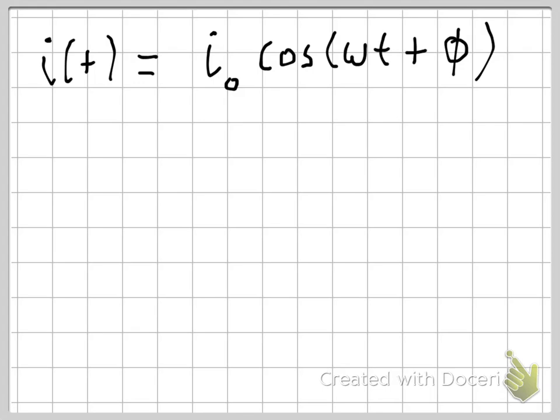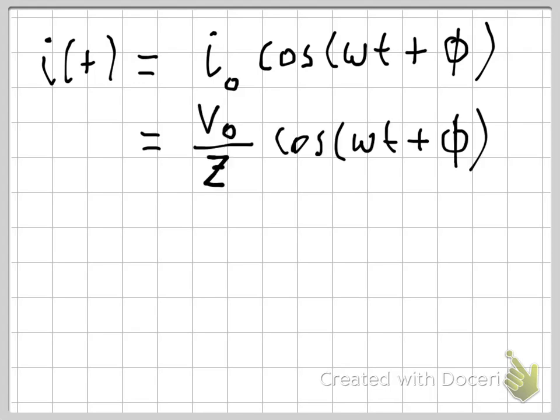It's going to have in general some kind of phase. So the first question, dealing with the impedance, means we're looking for this constant: if we write the peak current as the peak voltage divided by a constant, what is that constant? What is the value of the net impedance of the circuit? So we're looking for Z.